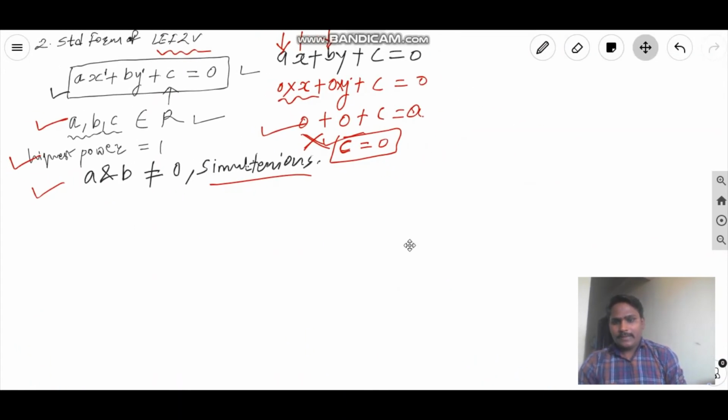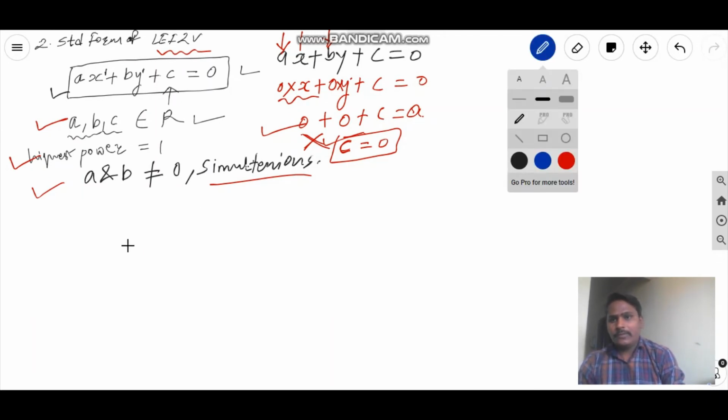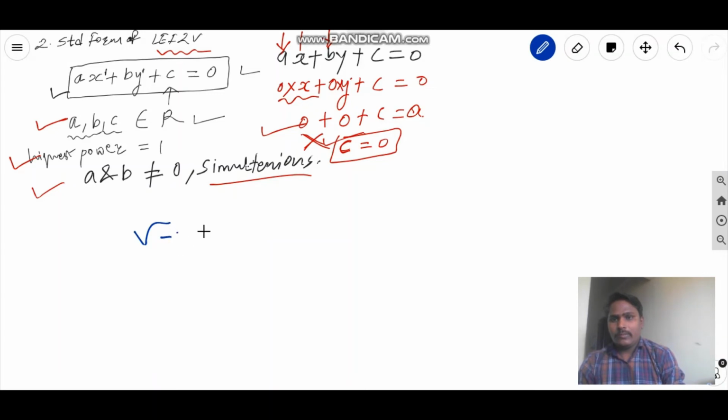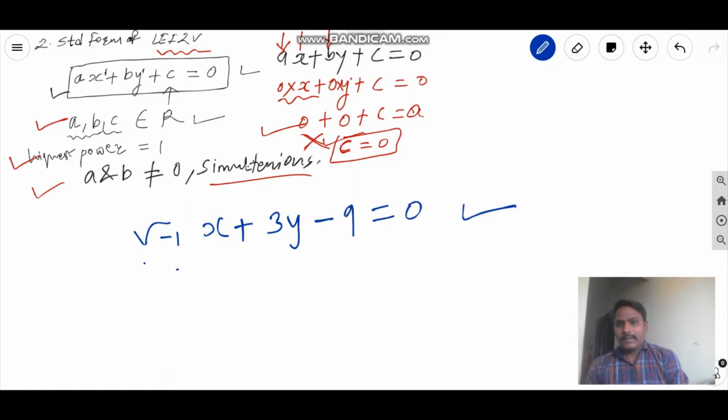Suppose I give you this example: root of minus 1 x plus 3y minus 9 is equal to 0. Compare it with the standard form, ax plus by plus c is equal to 0.